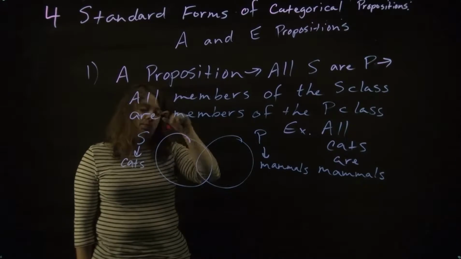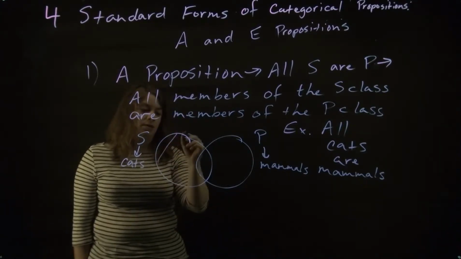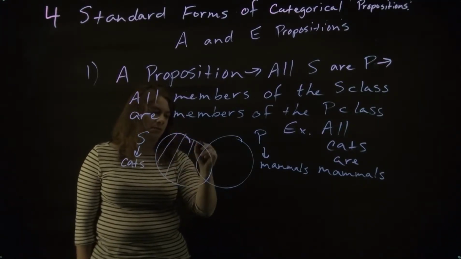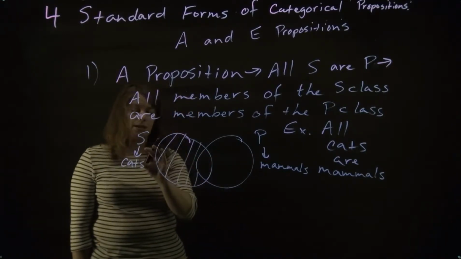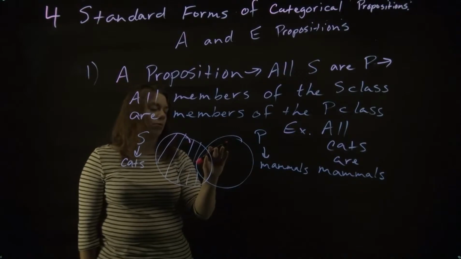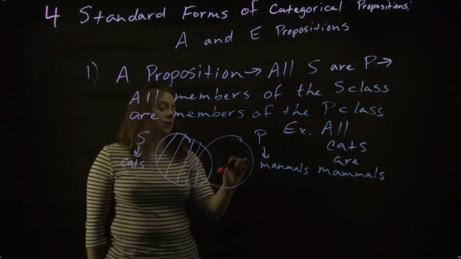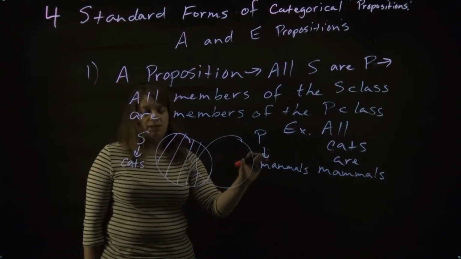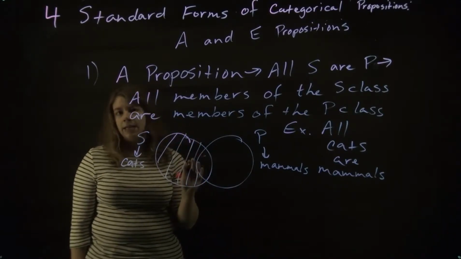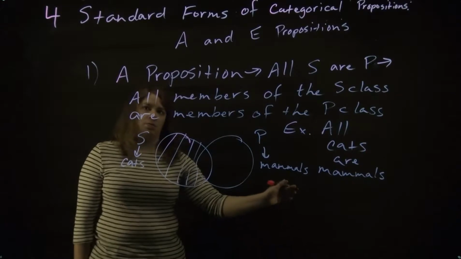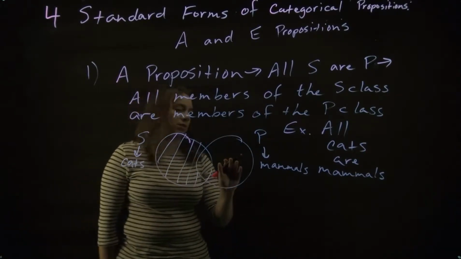So we demonstrate this with a Venn diagram by doing this. Anything which is a member of the subject class will always be within the circle of mammals. There will never be a case in which you will find a cat that is not also a mammal. That's what this Venn diagram is demonstrating.